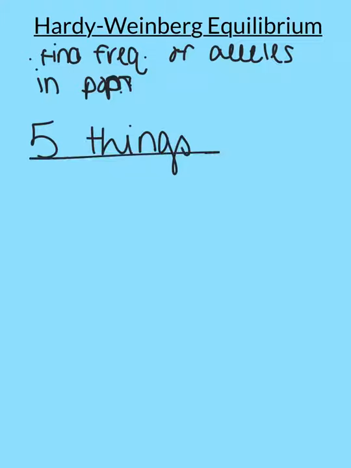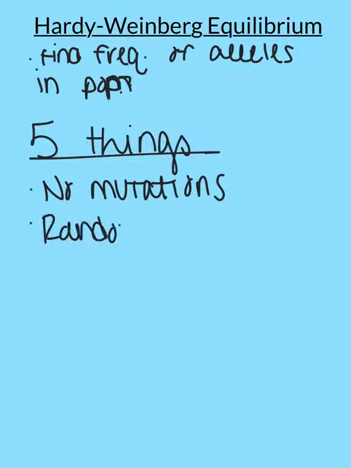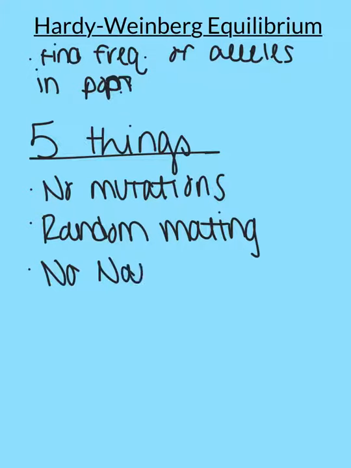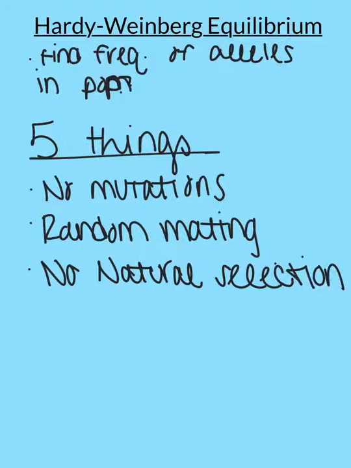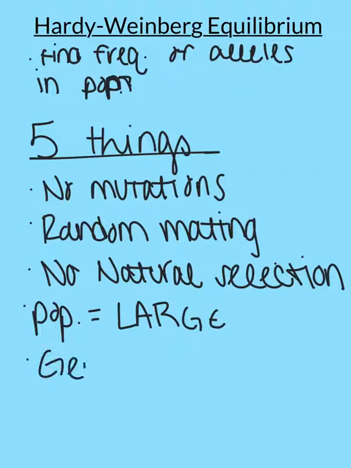So the 5 things that have to be present are no mutations, random mating, no natural selection, the population size has to be very large, and there cannot be any gene flow.